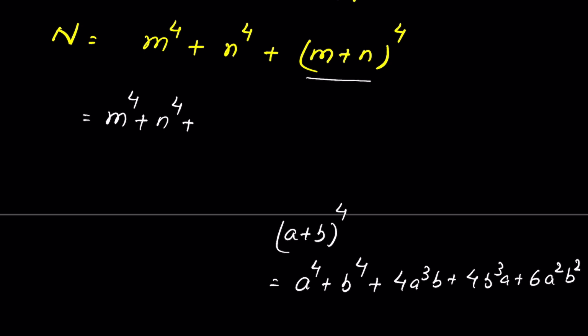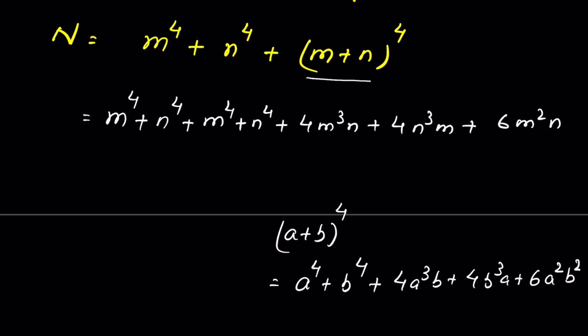So let's expand m plus n whole to the power 4 as m to the power 4 plus n to the power 4 plus 4m cube n plus 4n cube m plus 6m square n square.